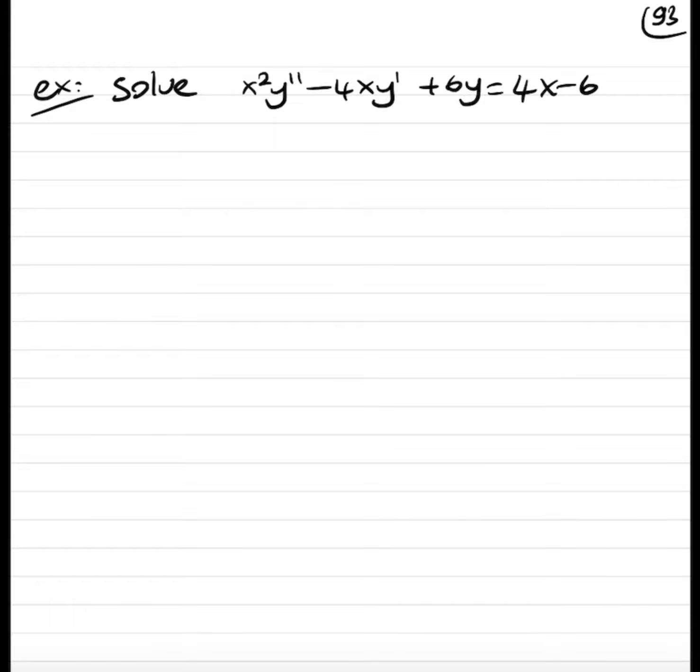Okay, let's solve another example. Solve x squared y double prime minus 4x y prime plus 6y is equal to 4x minus 6.